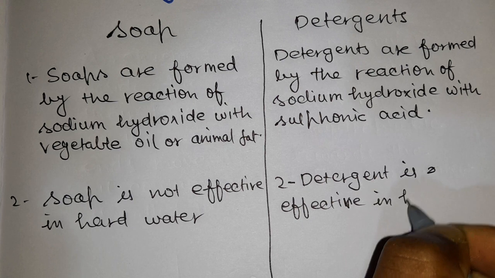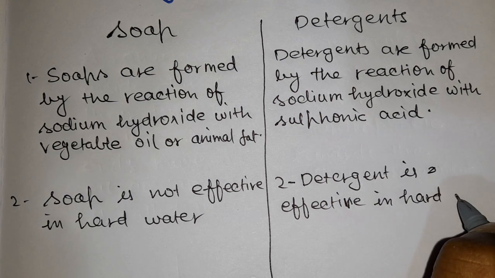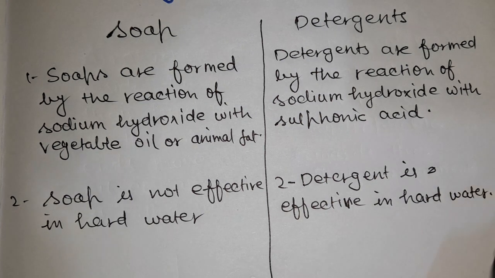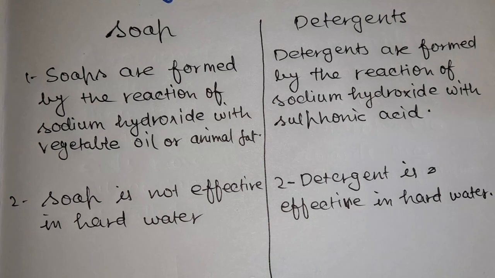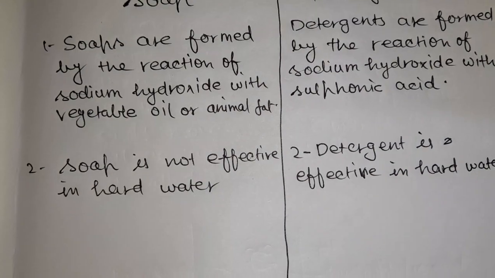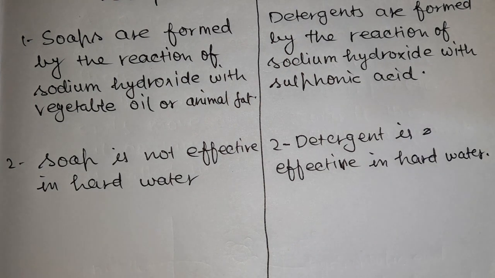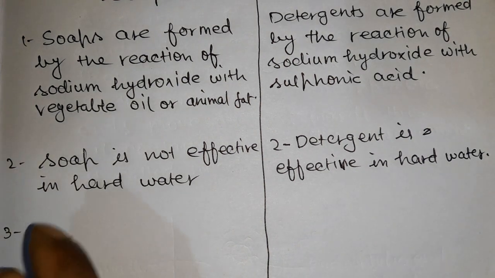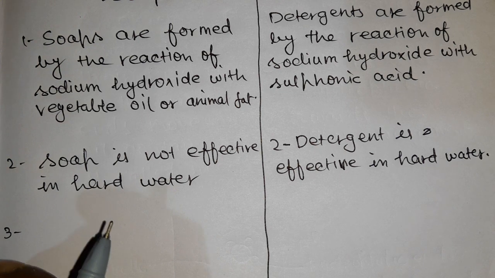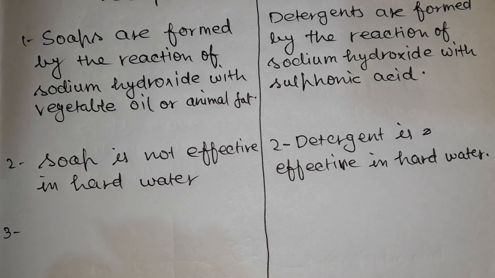In hard water, detergent is effective. And the third and very important difference is that soaps are biodegradable. Biodegradable means they can be converted into their basic components, which is good for the environment.